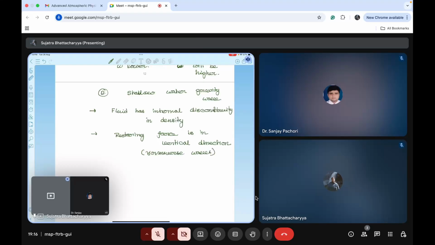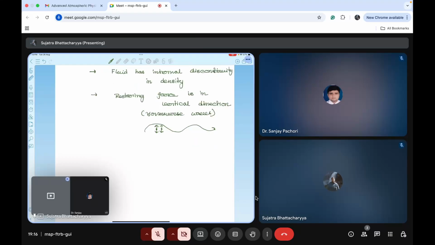Why? Because it is something like this: the particle motion is like this, and the wave is propagating like this. So this is the transverse wave, but acoustic waves are longitudinal waves. This is one of the differences.